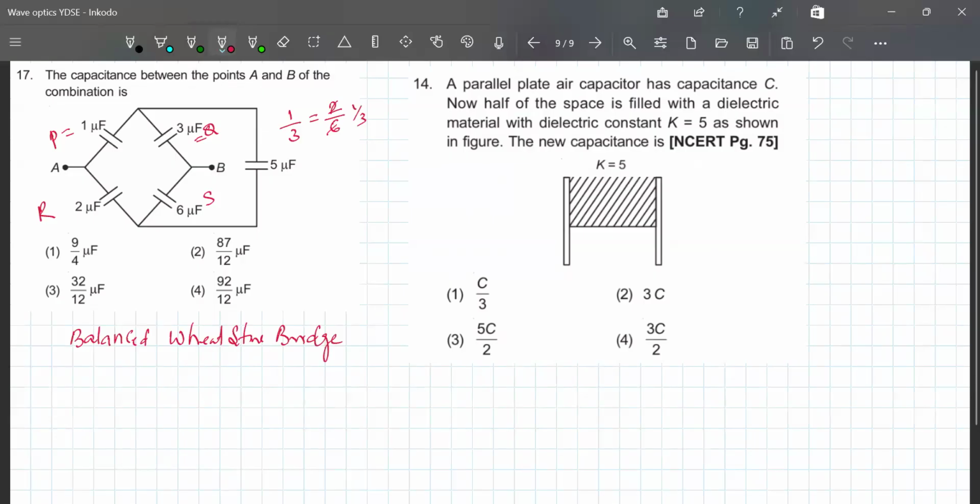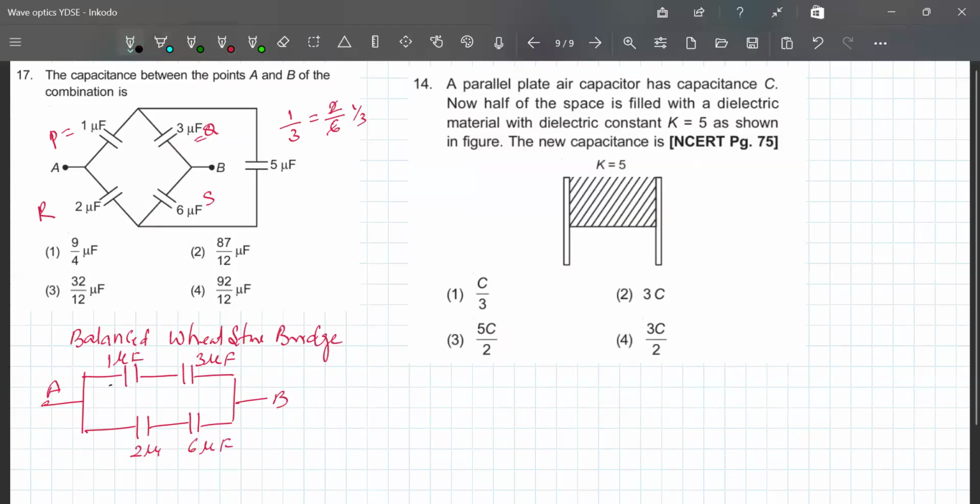Now this circuit we can rewrite like this. 1, 3, 2, and 6. This is 1 microfarad. This is 3 microfarad. This is 2 microfarad. And this is 6 microfarad.